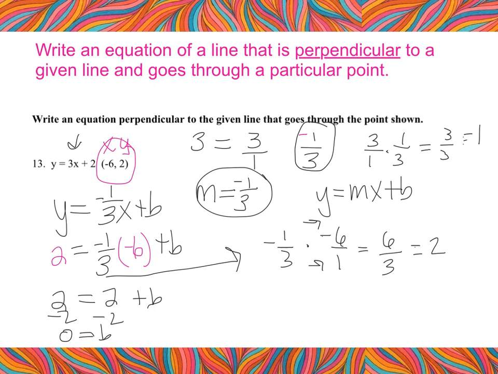So the equation of our line, we could really write it two ways. We could write y equals negative 1/3 x plus 0, or that 0 is really unnecessary. We could just say y equals negative 1/3 x, because anything plus 0 is just itself.